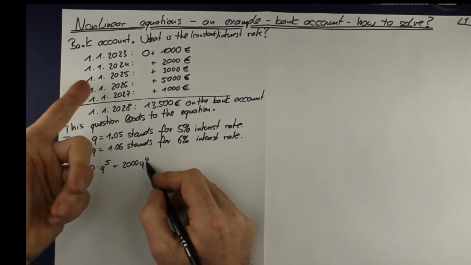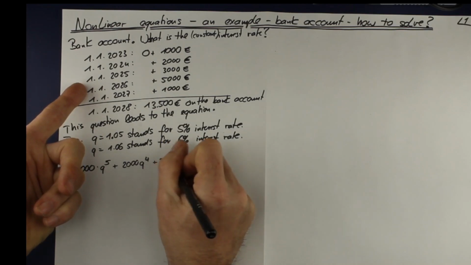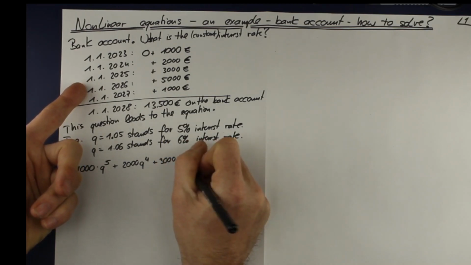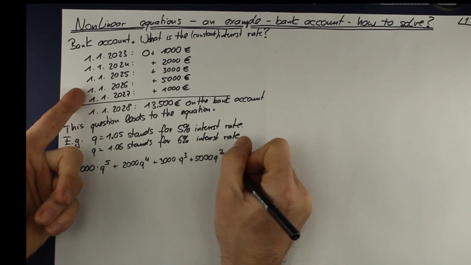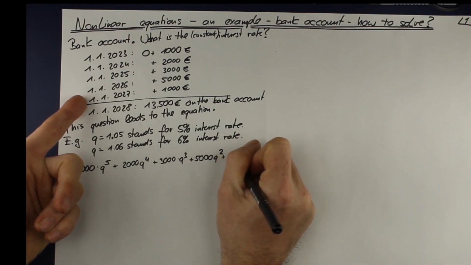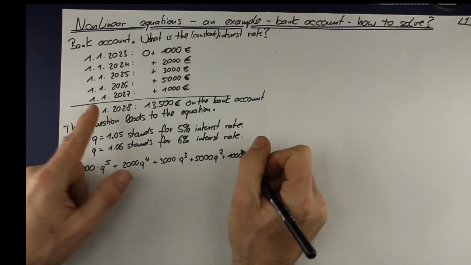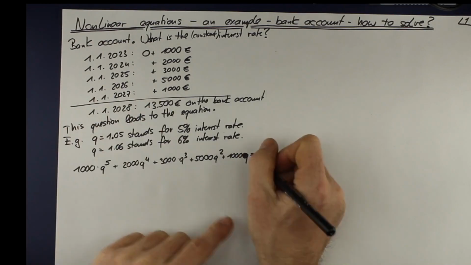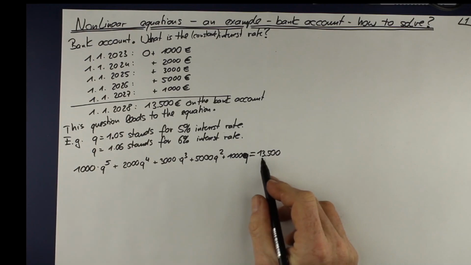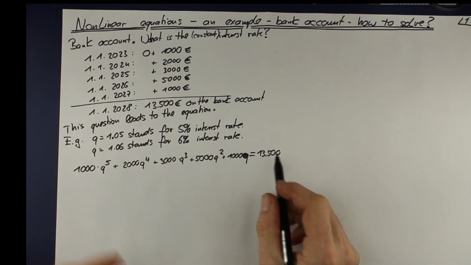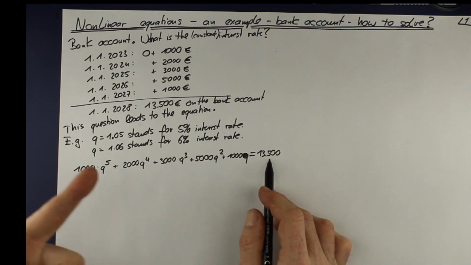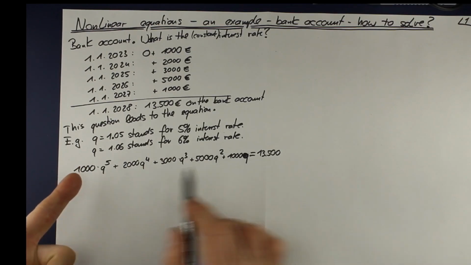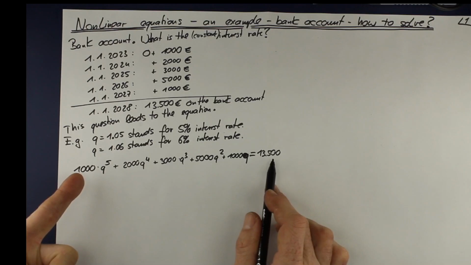And then again we have €3,000, but only 3 years. We have €5,000, but only 2 years. We have €1,000, but only 1 year. And then the result is 13,500. We have this equation. And what are we looking for? We are looking for a q which satisfies that equation.